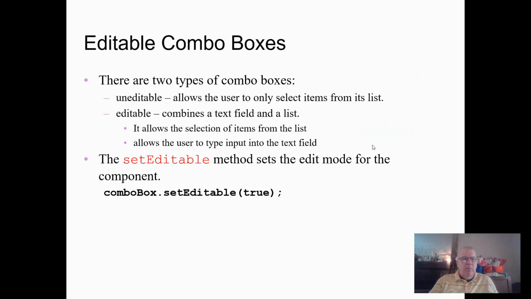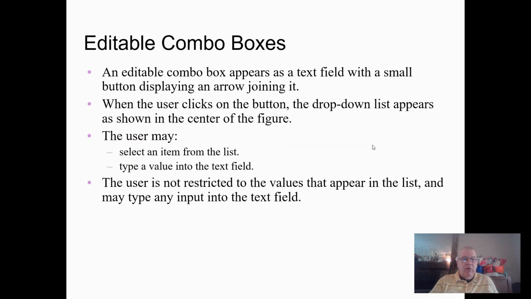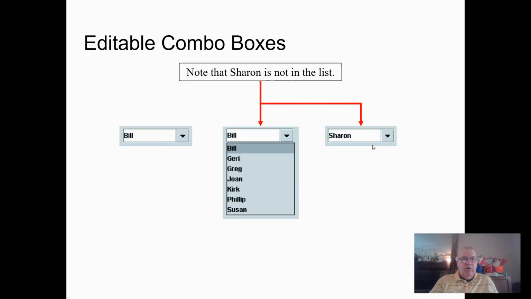Now, it would be possible for you to add to an existing list in the GUI if you have set editable to true. So here's an example where this list does not have the name of this one of Sharon in it, but you could type in the name, if this combo box is editable, and it would add it to this list, then you could select it.